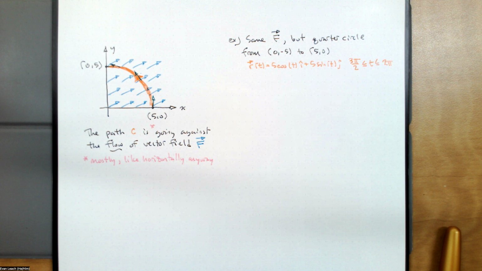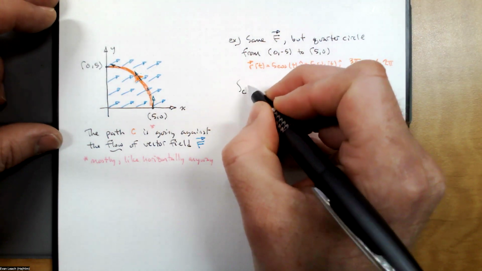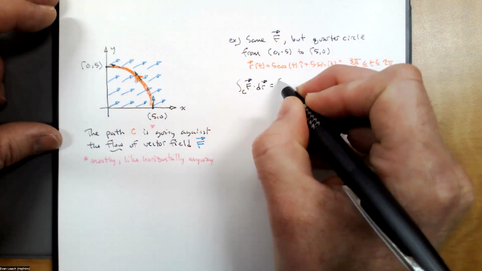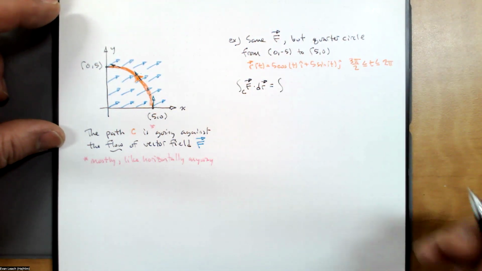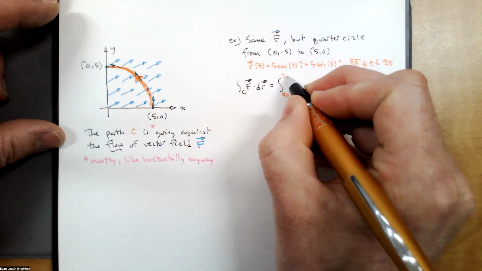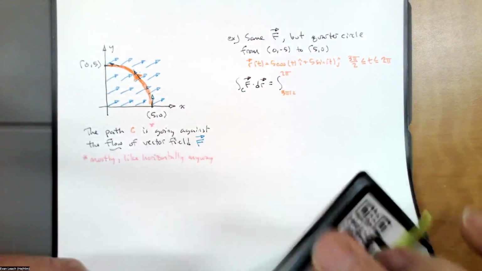All of our previous calculations still hold. Our integral over C of F dot dr. What's going to change is that we'll integrate from 3 pi over 2 to 2 pi instead of from 0 to pi over 2.